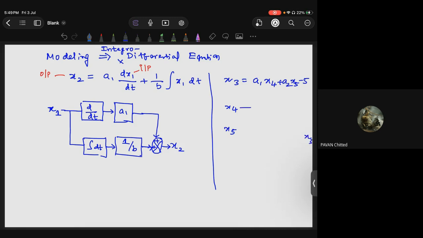So here we can put a1, here we can put a2, and I can take a summing point here, with plus and plus. Here I need to get another signal of 5. This is how we write block diagrams. Is this clear? Any doubts?